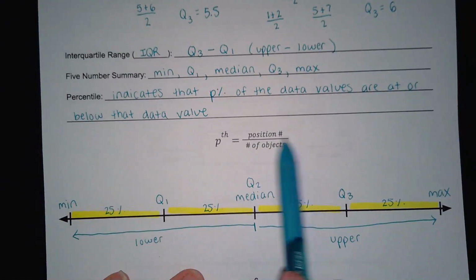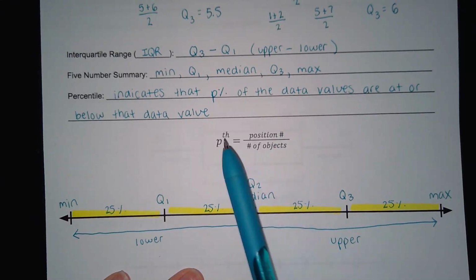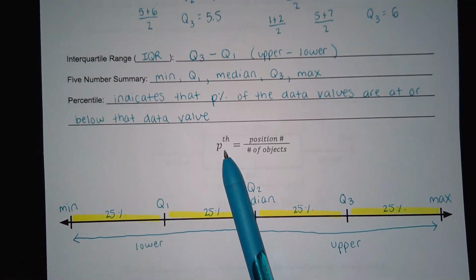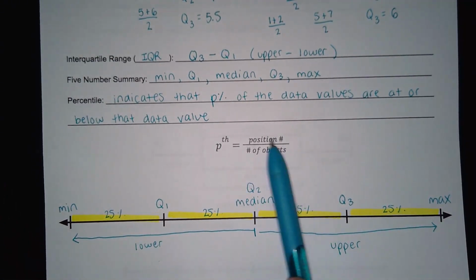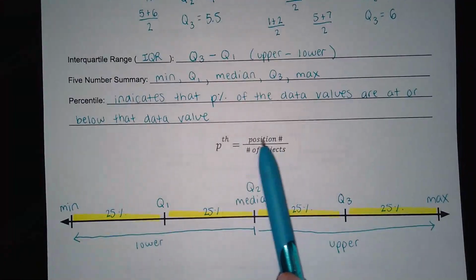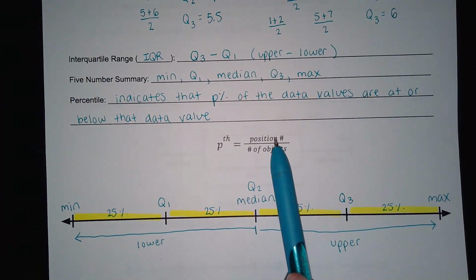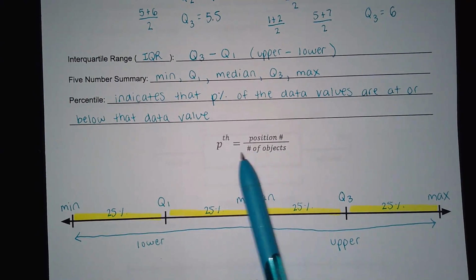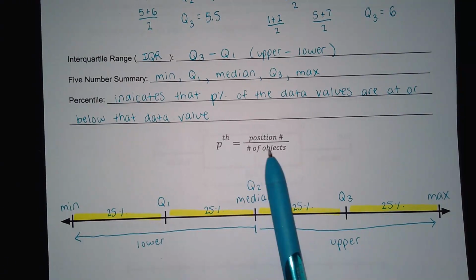And we're going to use this equation to help us find that. So to find the percentile, the 70th percentile or the 90th percentile, we're going to take the position number. This is not the number itself. This is where it falls in the order of things, divided by the total number of objects or values.